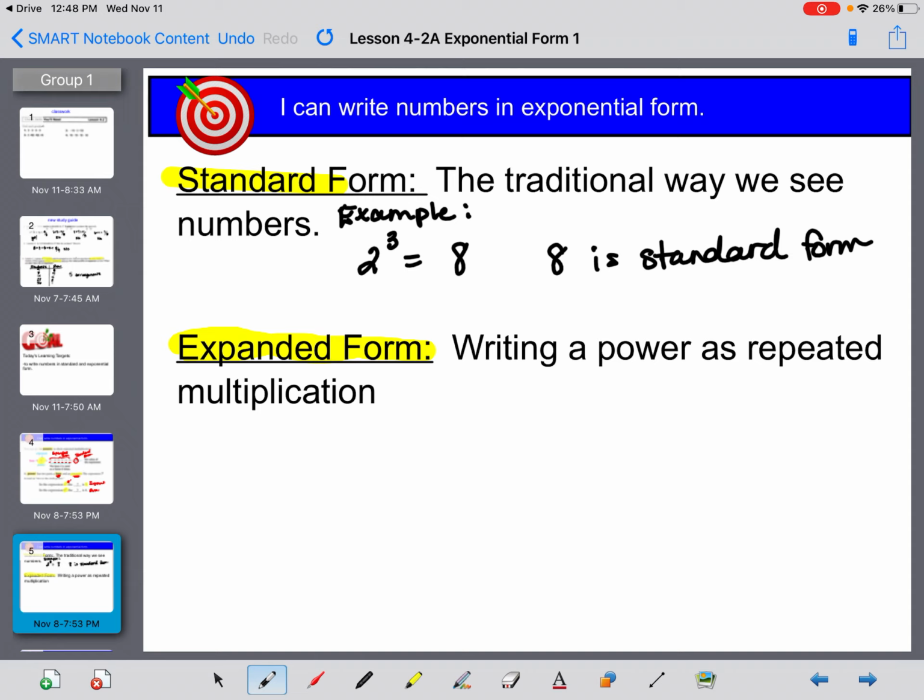Expanded form is writing a power as repeated multiplication. The power of 2 to the third equals 2 times 2 times 2. This is expanded form.